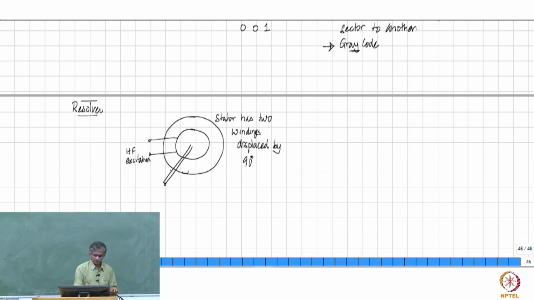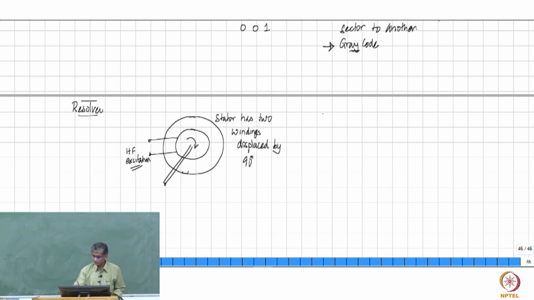Then, because you are giving high frequency excitation, the two entities here are going to have induced EMF, and so they will also have a high frequency induced EMF because this is a high frequency excitation. But on top of that, since this is also going to rotate, the induced EMF that is going to be there will also depend on how the rotor is oriented with respect to those two.